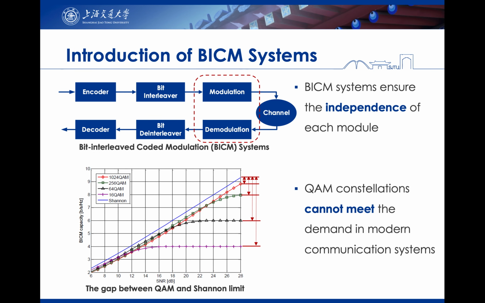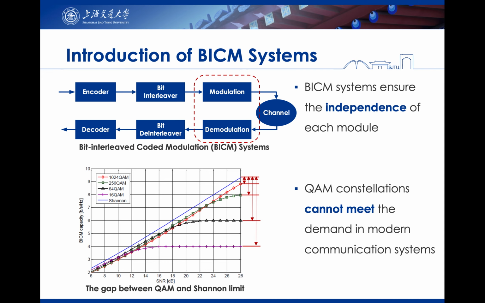Considering modulation of BICM system, there is a gap between capacity of uniform QAM and the channel limit. In other words, the conventional QAM constellations cannot meet the increasing demand for the data volume in modern communication systems. Adopting higher modulation order and spacing constellation symbols non-uniformly are two strategies.